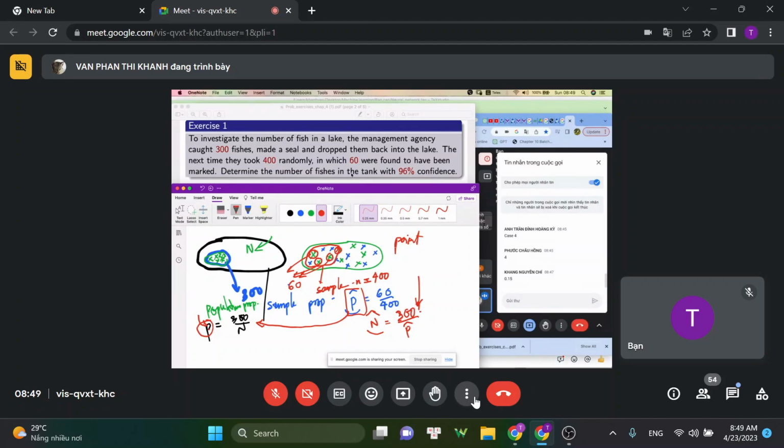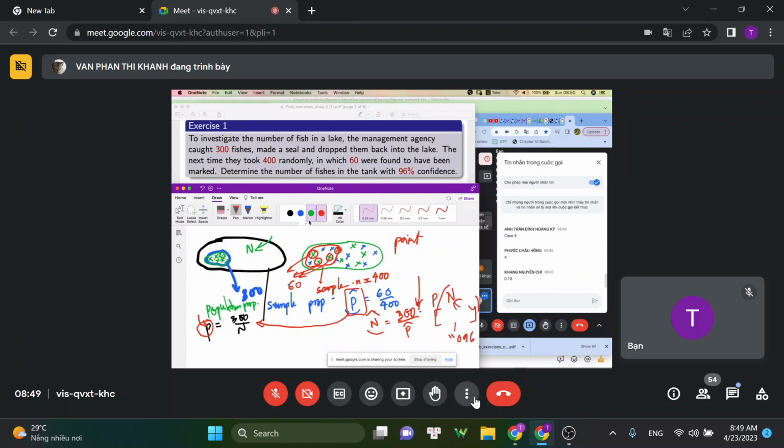Now I want to find the number of fish in the lake with 96% confidence. It means that I want to give a range for n, so that the probability that my real number belongs to this interval equals 0.96.